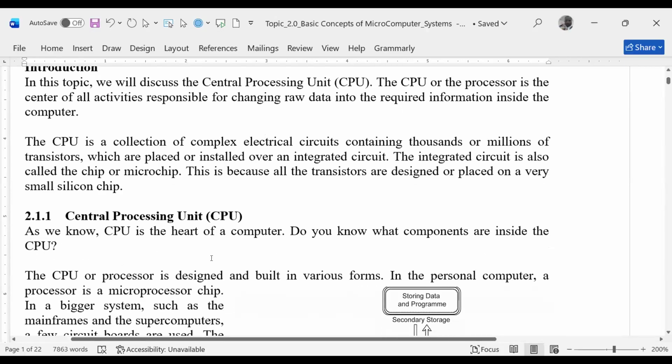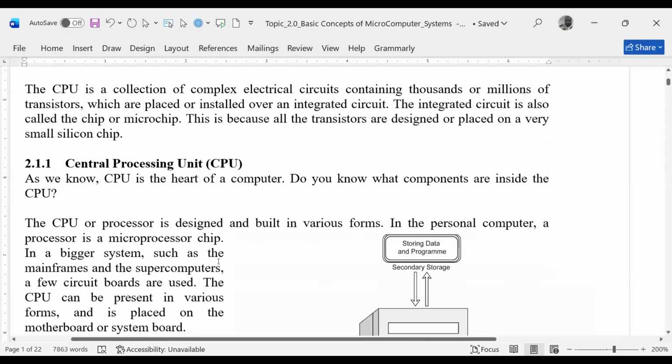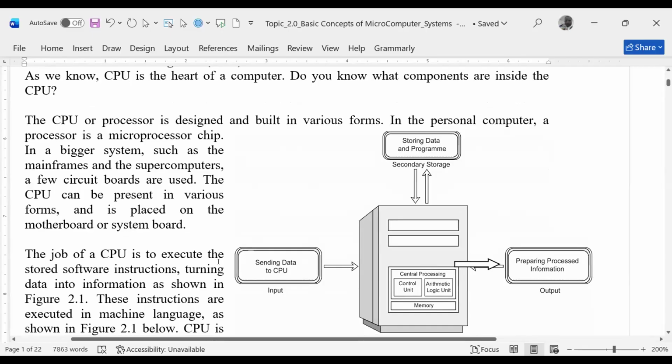The CPU is like the heart of a human being, and is the heart of the computer. And put in mind that the heart of a human being takes decisions, whether the hand must raise up, whether you have to walk with your leg or whatever. So the CPU is the heart of the computer. And there are some components also associated with this CPU. It is built in various forms, and in a PC or microcomputer system, the name, as I said, can be chip, microprocessor, or whatever.